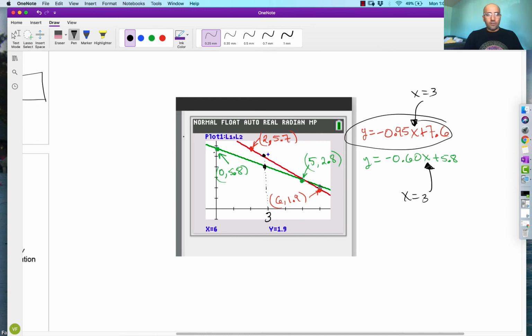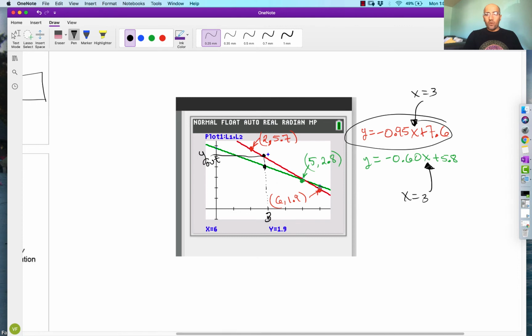The output goes approximately that much. Let me erase the other one, so let's just stick to that. So we're going to go there, and then we're going to go across. And it's somewhere over there. This is my y output, based on x equals 3. Good.